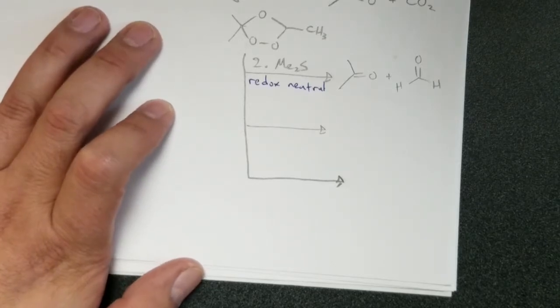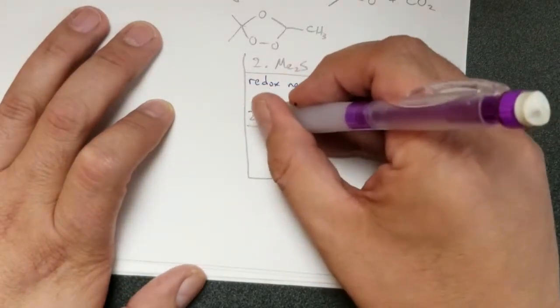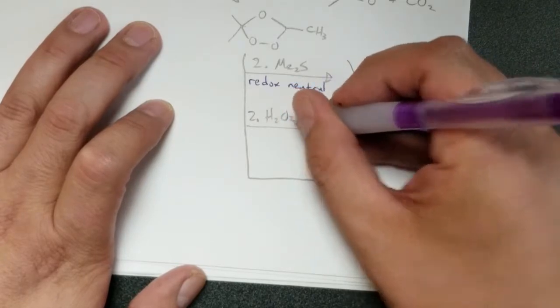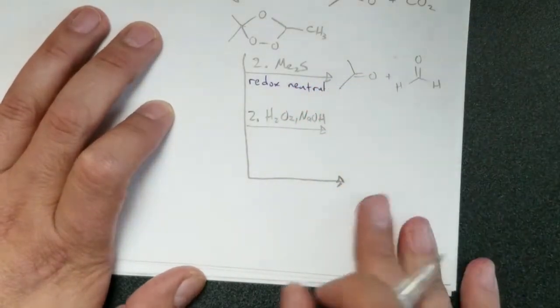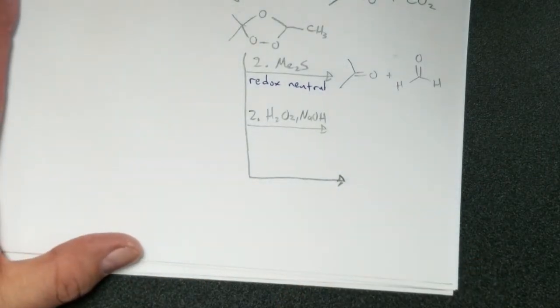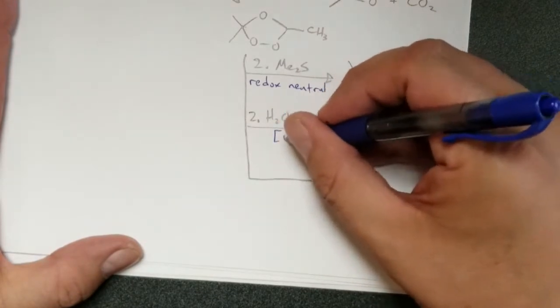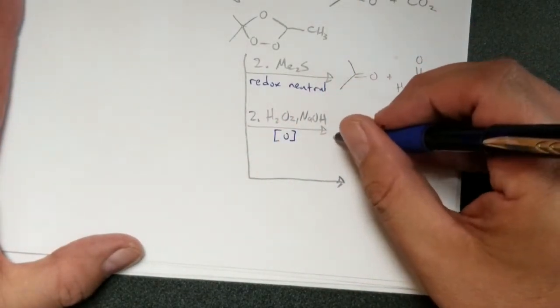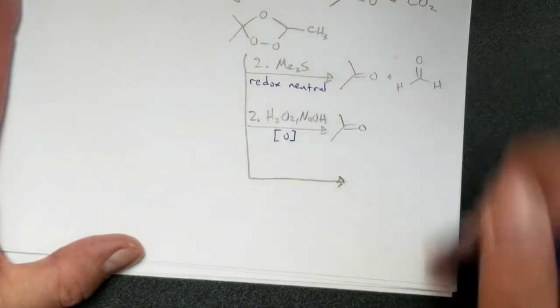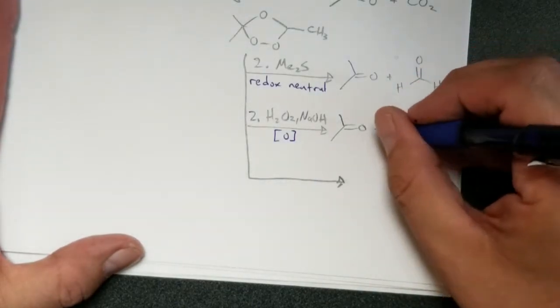And the other two options are whether it's oxidative or reductive. So the oxidative conditions I gave you guys was peroxides. And typically with peroxide, you'll have hydroxide as well. And this is oxidative, so we put brackets with an O in it to imply oxidative. So what happens here is we get that.